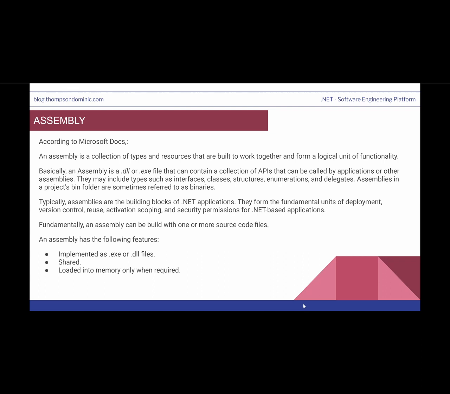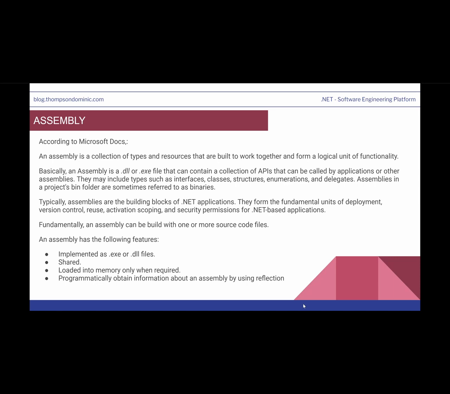So assemblies are only loaded into memory when they are required by a particular application or by another library that is referencing them. Programmatically, we can obtain information about an assembly using reflection, which is a topic I'll cover in part 2 of this series, so you can see how you can use reflection to understand the various types you're dealing with, and probably even call type members that are inside a particular assembly or a particular class.